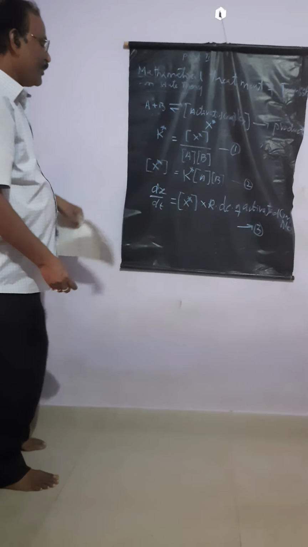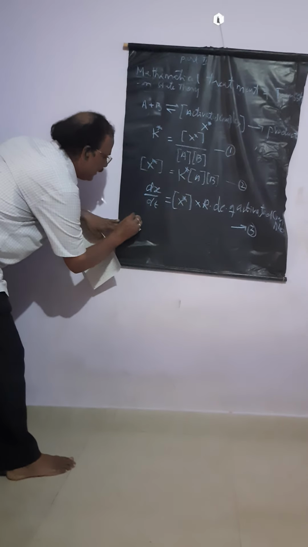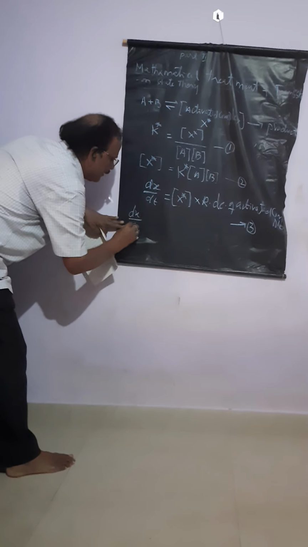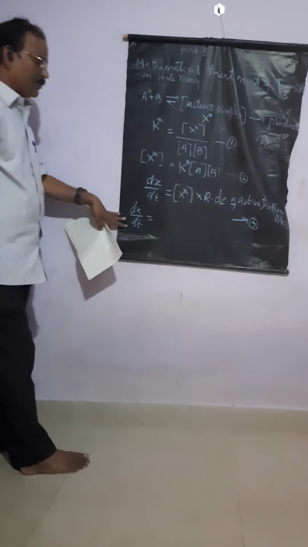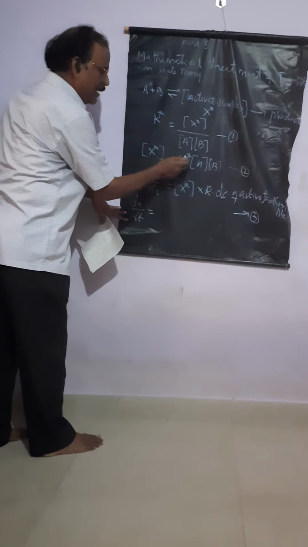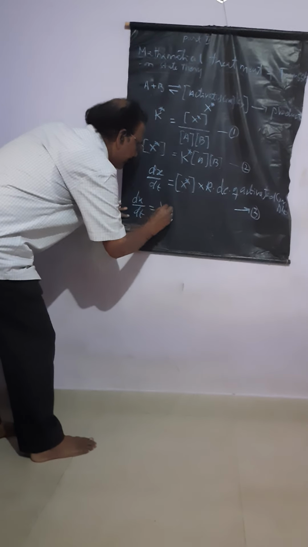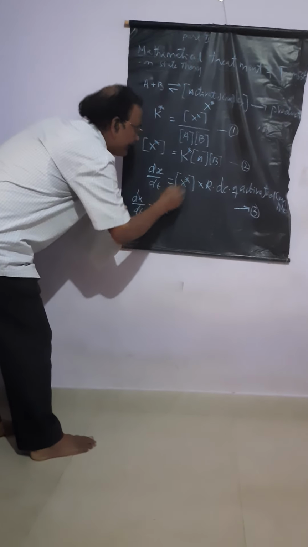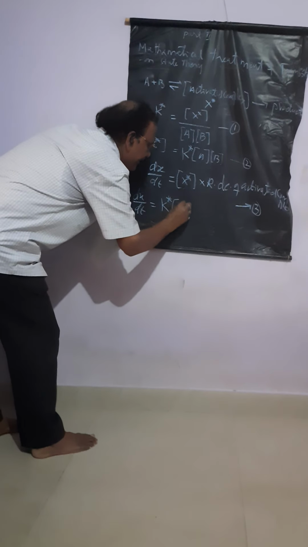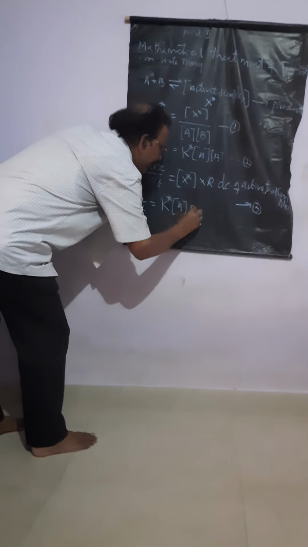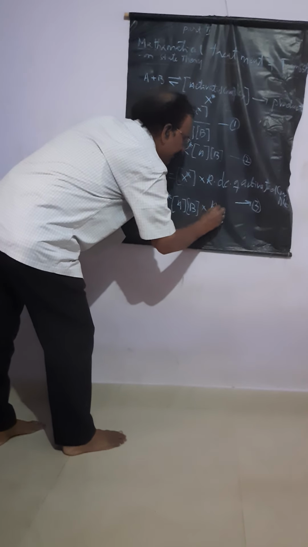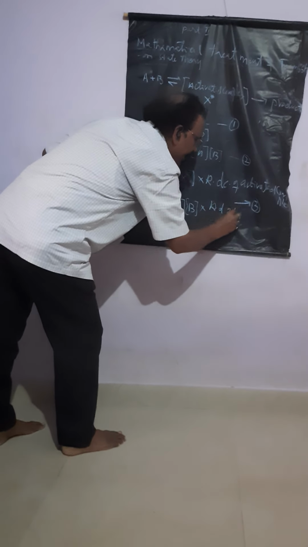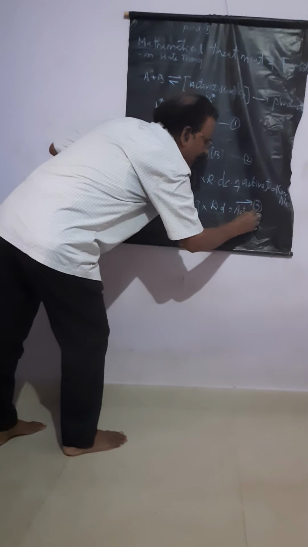Now, according to this equation, we can write dx by dt is equal to the concentration of X star. The concentration of X star is given by this equation: K star into concentration of A into concentration of B into rate of decomposition of activated complex.